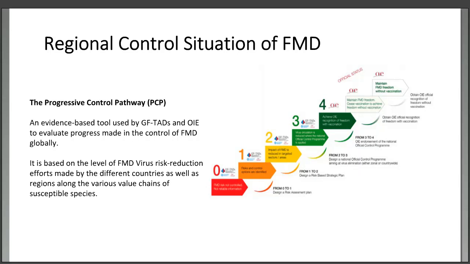These are countries that don't have an official status of whether they are free or not. So this is the PCP situation in Central Africa. Let me just go to the next slide.